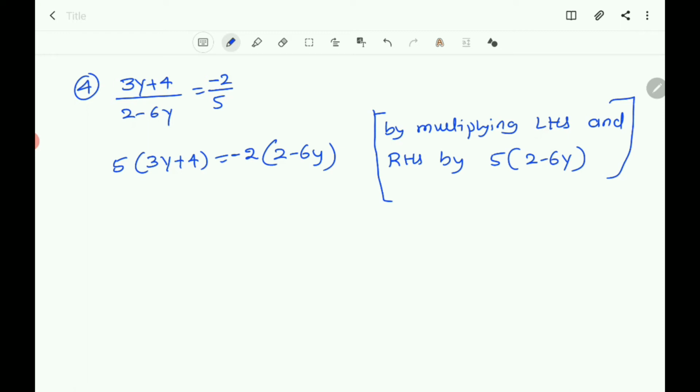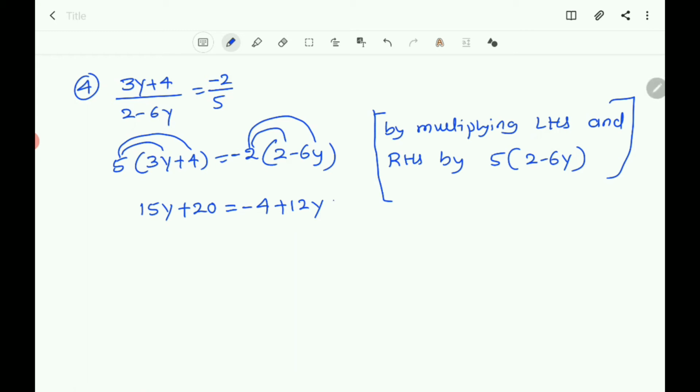So it is 5 into, you multiply 5 and 3y, and also you multiply 5 and 4. 5 into 3y becomes 15y plus 5 into 4 becomes 20. That is equal to minus 2 into 2 that is minus 4, and minus 2 into minus 6y is plus 12y.